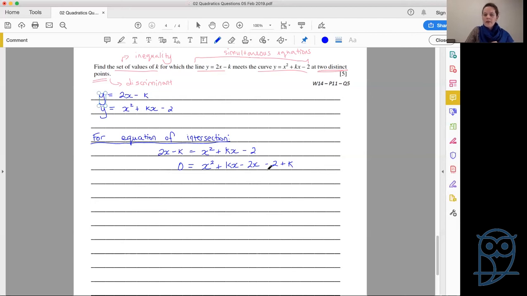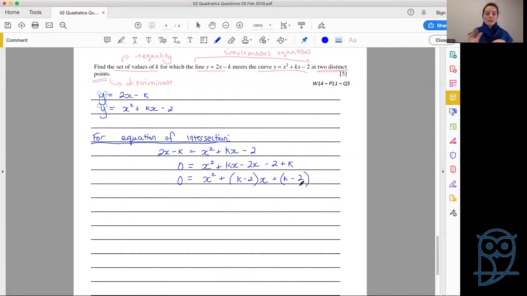Okay, but remember, if we're heading towards a discriminant, we want to see that obvious a, b, and c, those coefficients of the x squared and the x term. So 0 equals x squared plus (k minus 2)x. Then let's just put these the other way around, plus k minus 2. So now we have x squared term, x term, constant term, nice and clear.